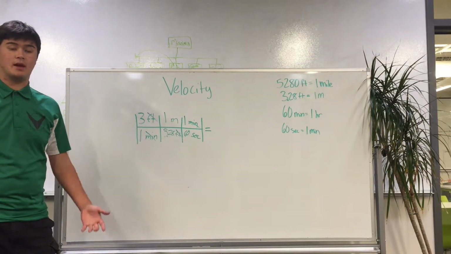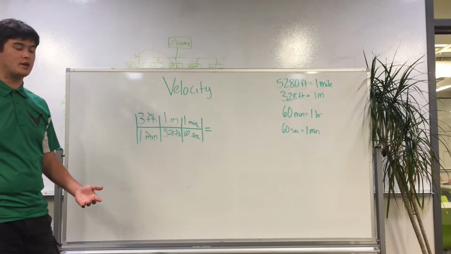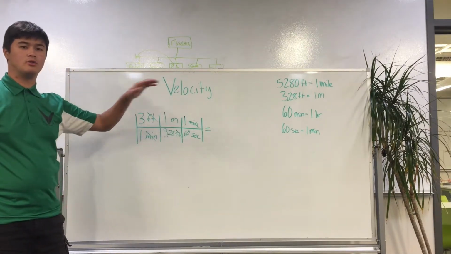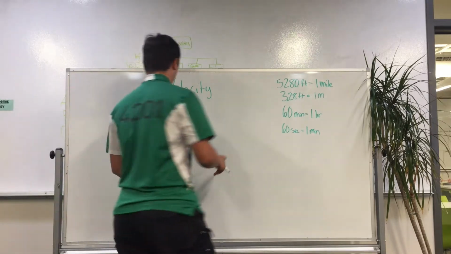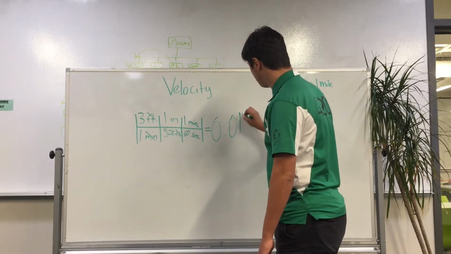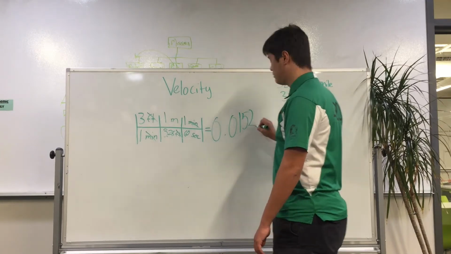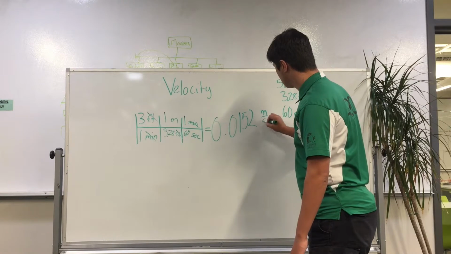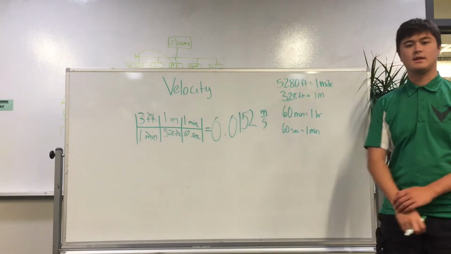And so you do this the same as you would any fraction. You would multiply the top, multiply the bottom, so you get your numerator and denominator, you divide. If you do this, you are going to get 0.0152, and that'd be in meters per second. That's how you find velocity.